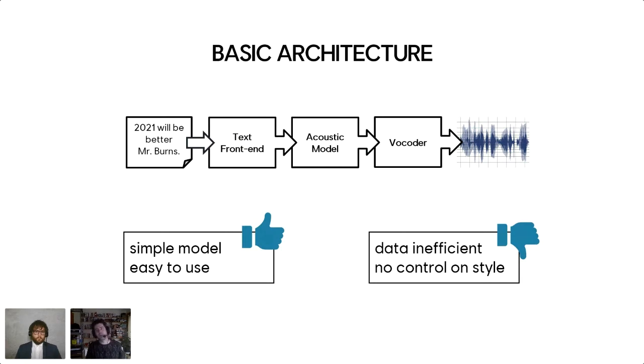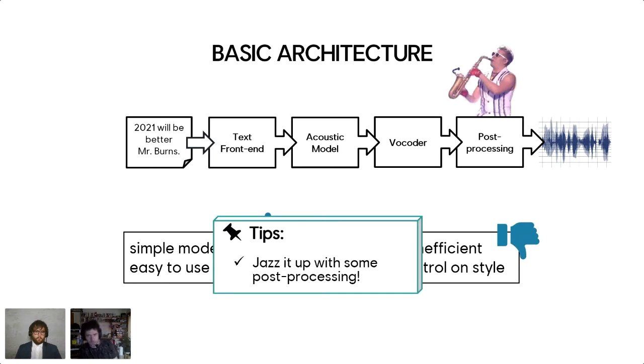If you want to get good pronunciation, you might need at least around 10 hours of recording from one person. So it's not perfect, and as you see, there's no input for style, so you cannot do anything with this.